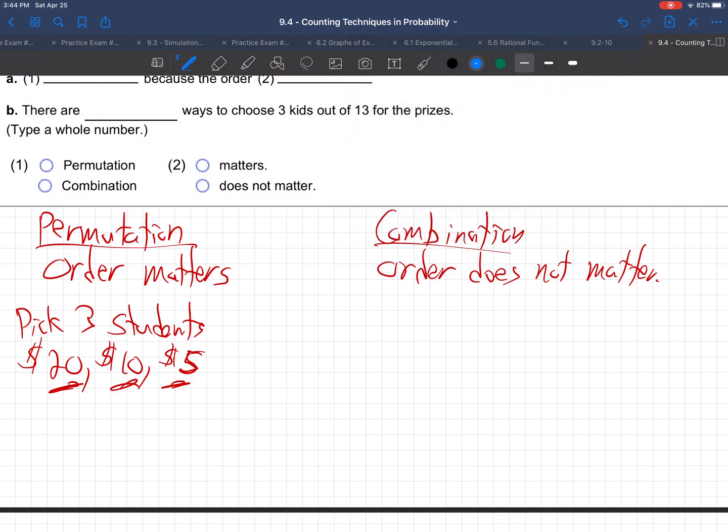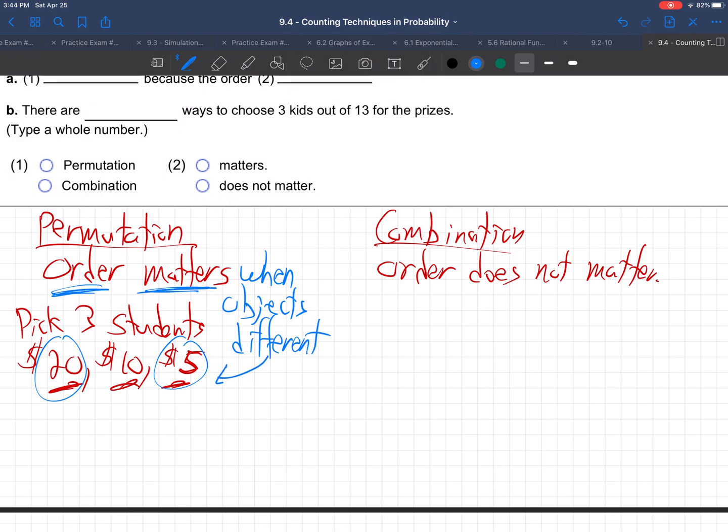Would you care whether you went first, second, or third? Yes, you would, because first place gets more money than third place. You see, order matters when the objects, the prizes, are different.